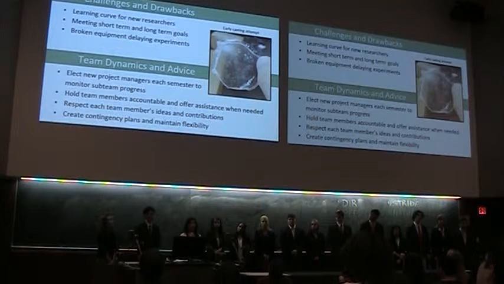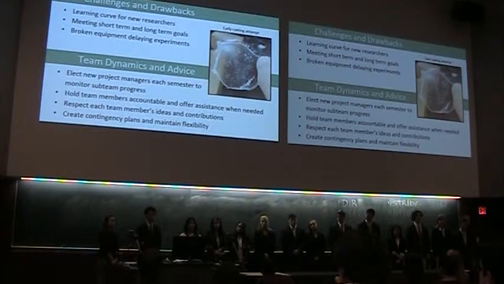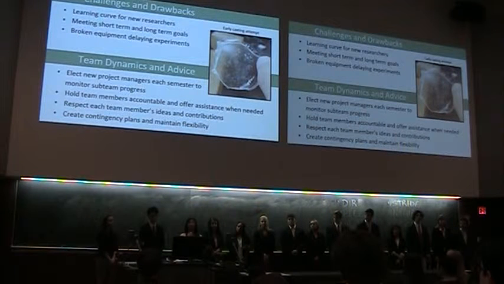Now, as for our challenges and drawbacks, we've encountered many challenges throughout this process. For one, our early attempts at completing our treatments were not as ideal as hoped, as we were still developing our skills as researchers. For example, this picture here shows an early casting attempt of CMP. This sample is too thin, filled with bubbles, and therefore unusable.